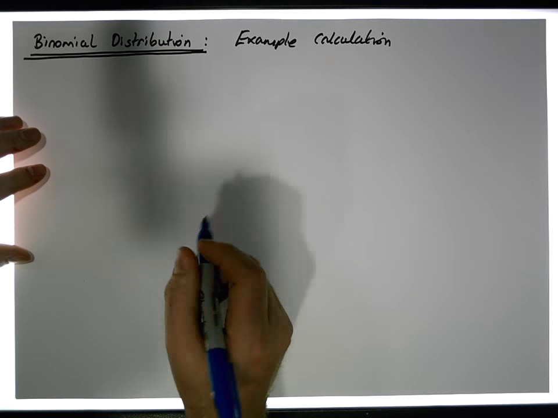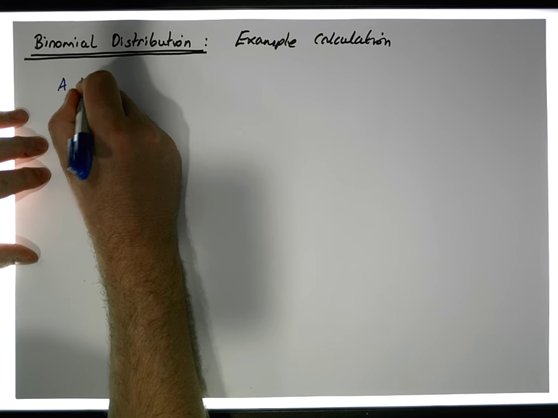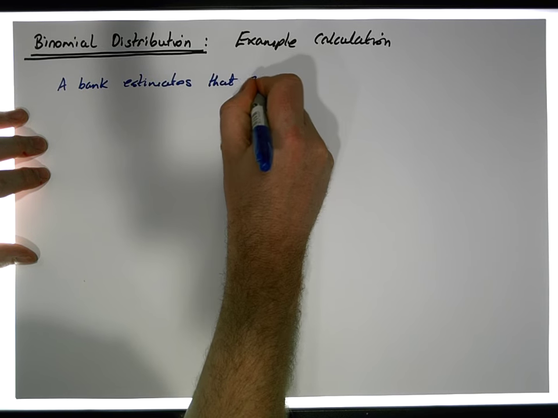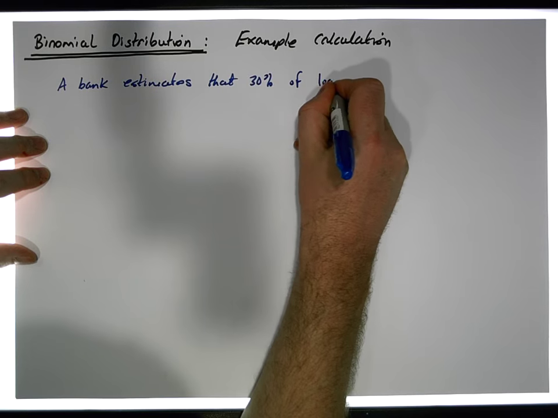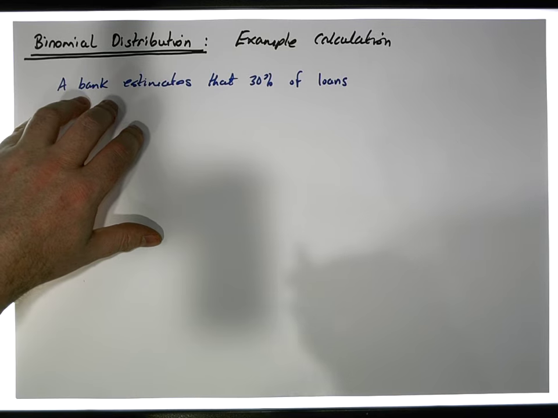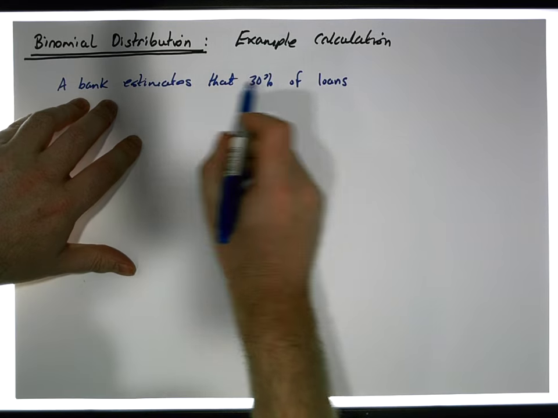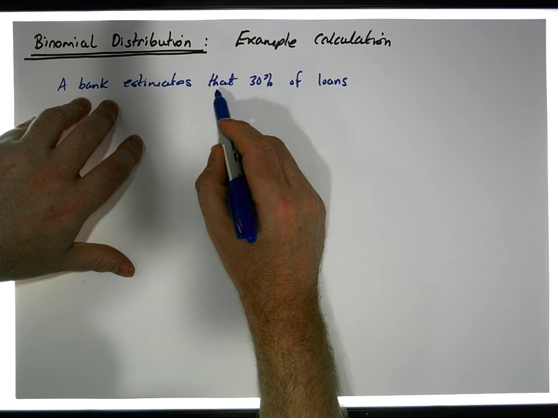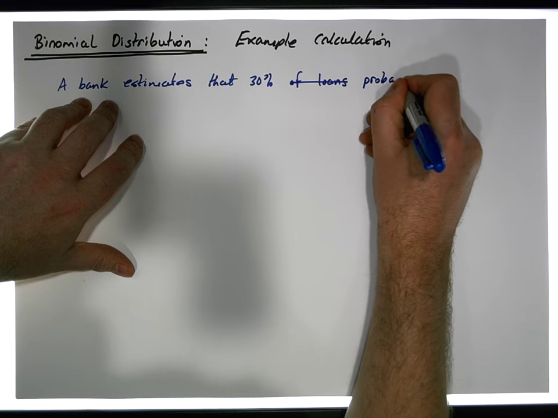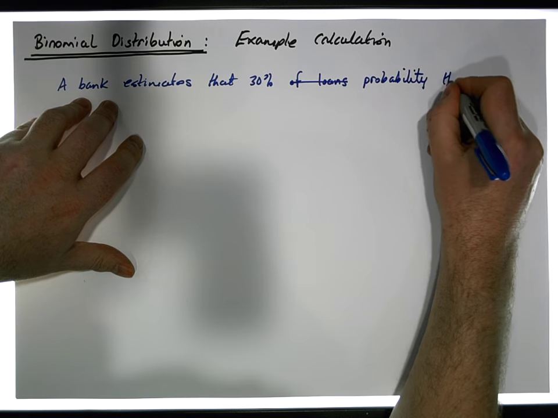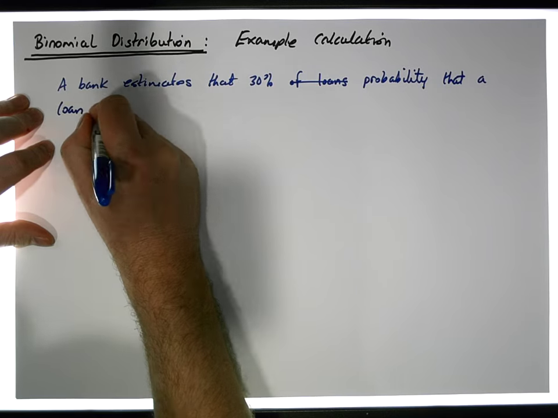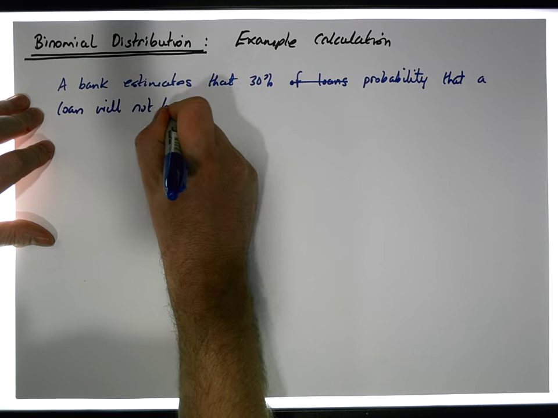A bank estimates, so maybe I'll write down the scenario, that there is a 30% probability that each loan will not be repaid.